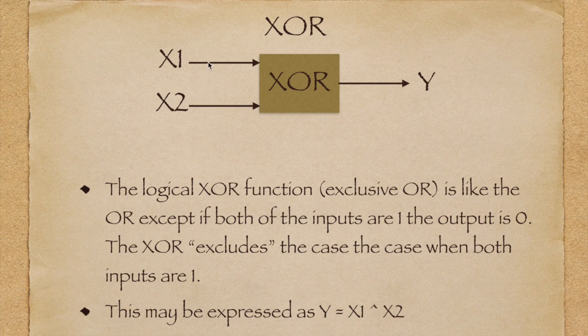So, like I said, assuming this was a 5 input, if the pattern was 1 0 1 0 1, that would be 3 1s, the output would be a 1. If the pattern was 1 0 1 0 0, that would be an even number of 1s, and the output would be a 0.